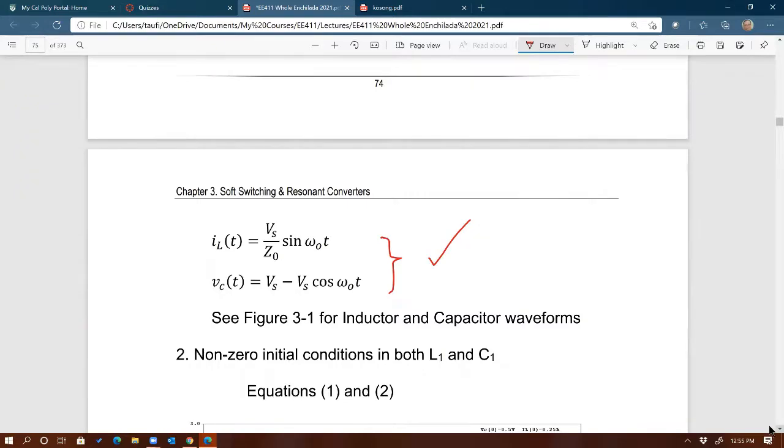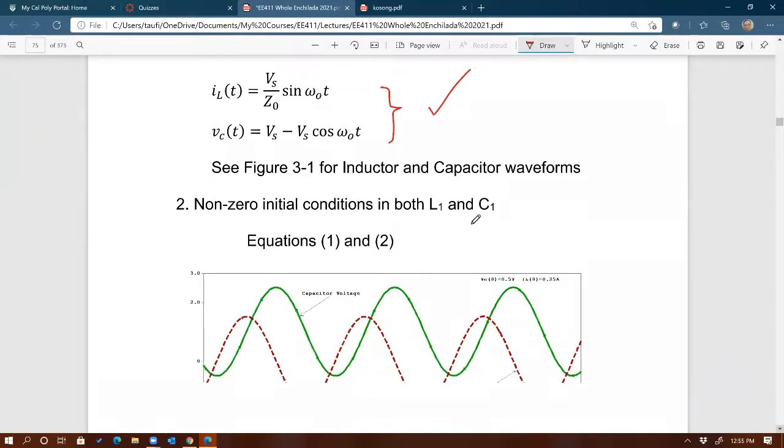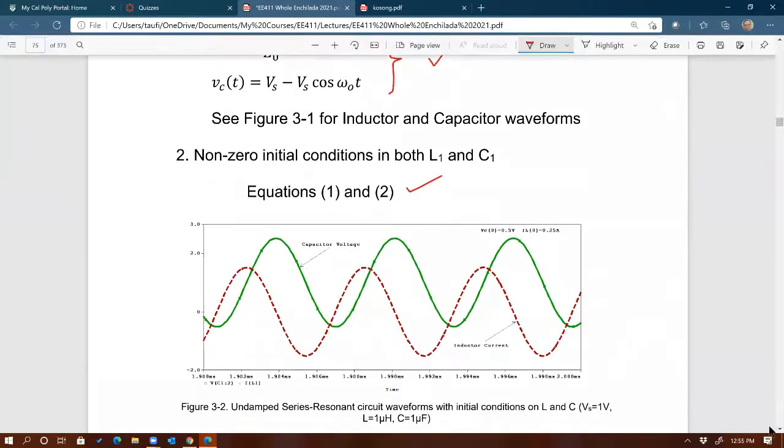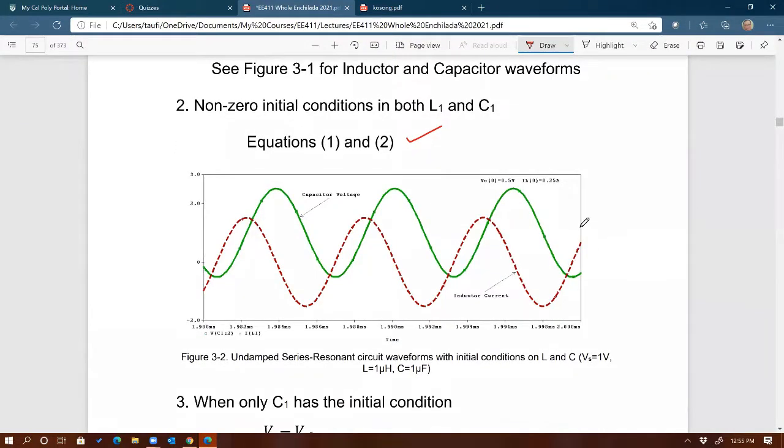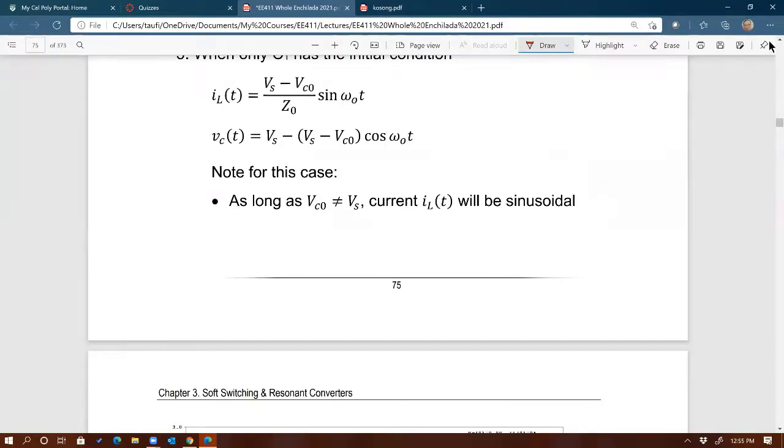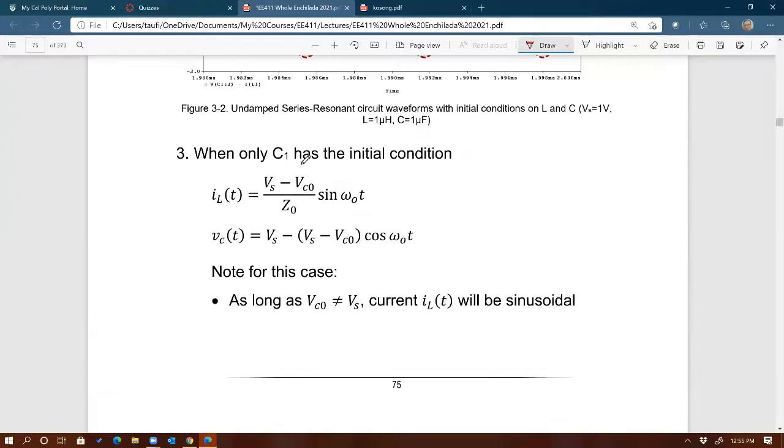And then when you have non-zero initial conditions, those are the 2 equations that you saw earlier. And this is the simulation result for what? VC has 0.5 volt and IL has 0.25 amps, so both initial conditions. Right? And then number 3, when only C has the initial condition.